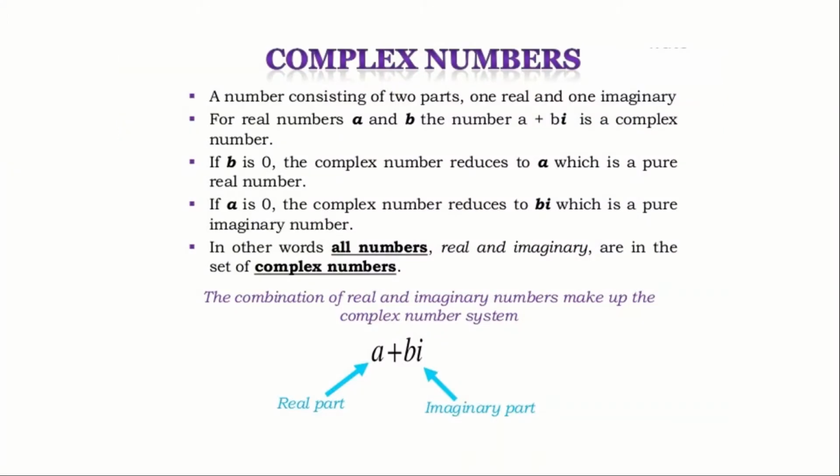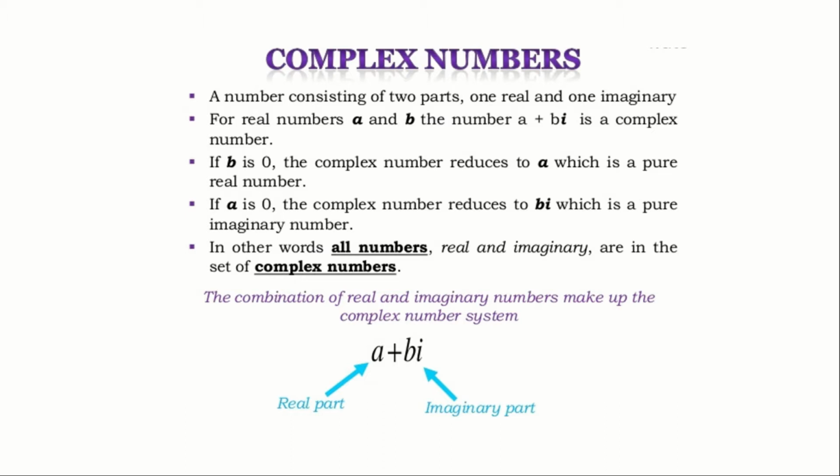So what are complex numbers? A number consisting of two parts, one real and one imaginary. For real numbers a and b, the number a plus bi is a complex number. a and b can be real numbers, whereas a and bi, if joined, will be a complex number. If b is 0, the complex number reduces to a, which is a pure real number.